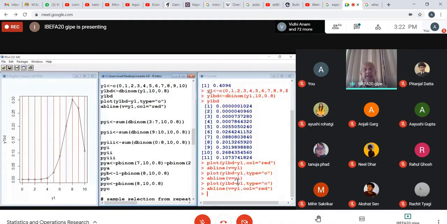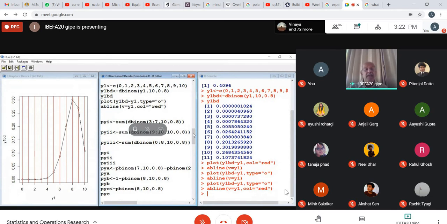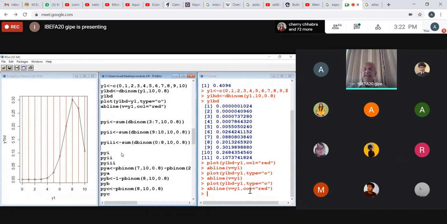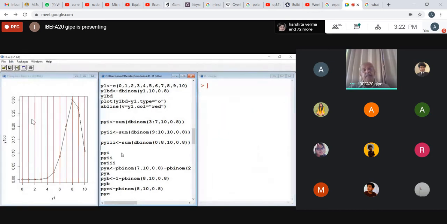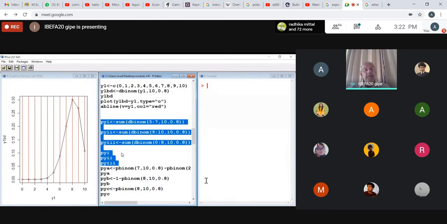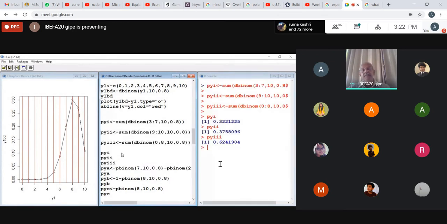That means 9 and 10. Lastly, less than 9, that means 0 to 8. These are the 3 probabilities.